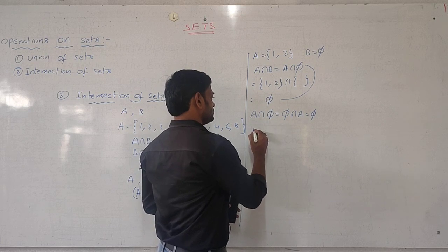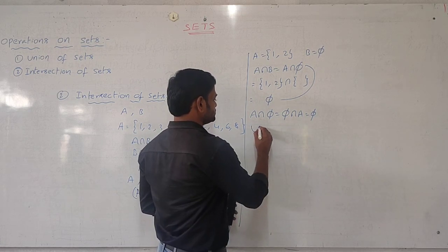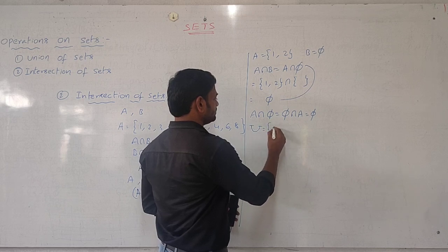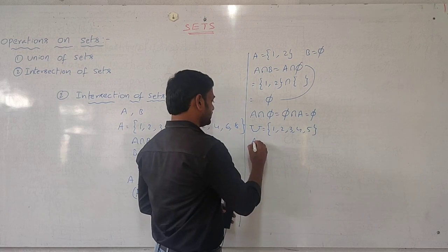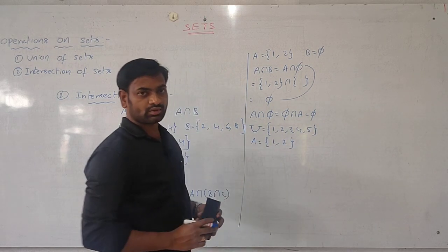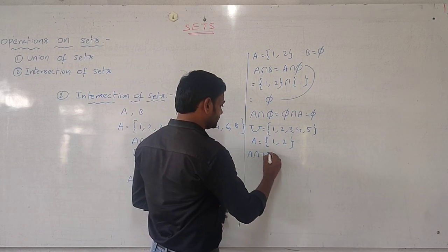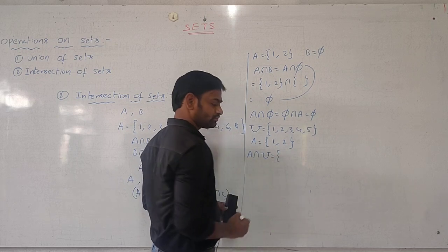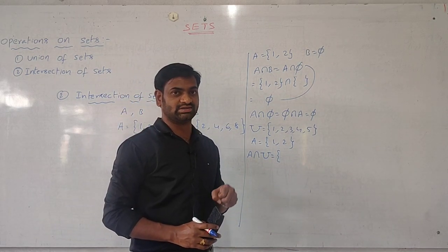Next, suppose here I am taking U, that is universal set I am taking. Suppose 1, 2, 3, 4, 5. Now I am taking capital A is 1, 2. Now what is A intersection U, capital U? Intersection means common elements.